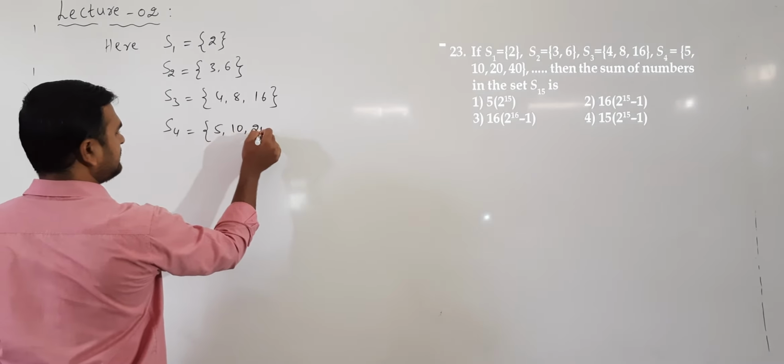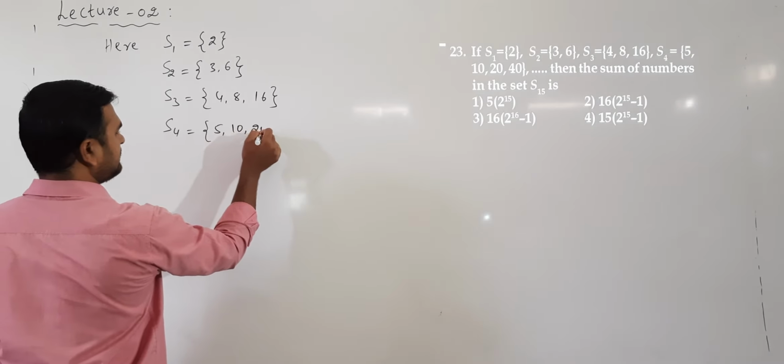So the first element of each set is one more than the suffix. So S15 will start with 16 and so on. We know the starting element, that is one more than the suffix of the given set.